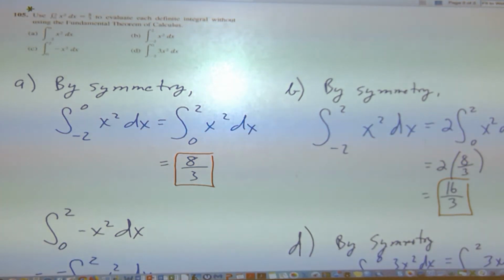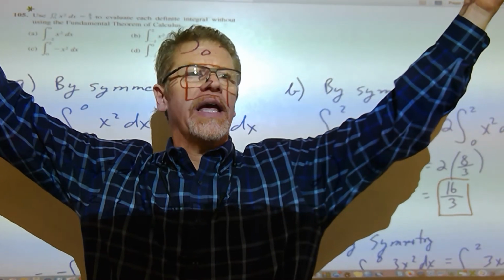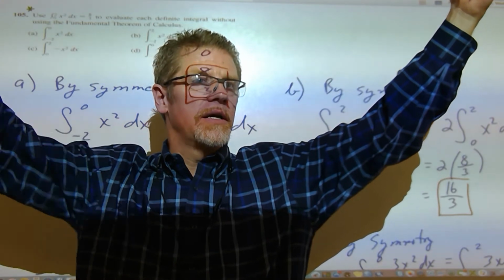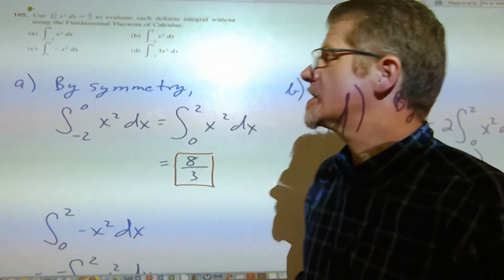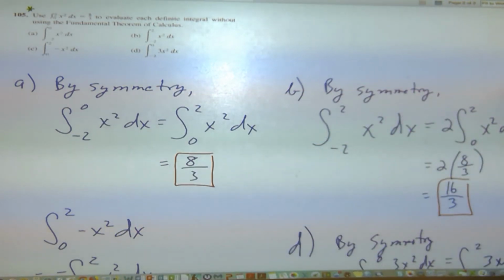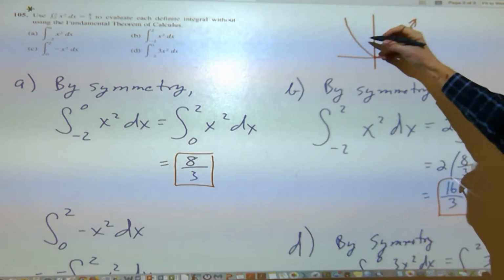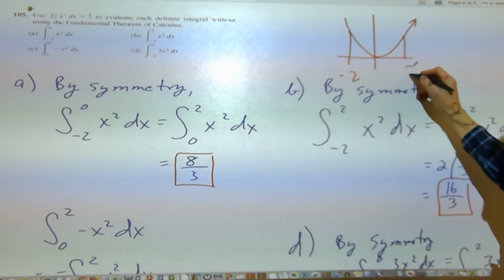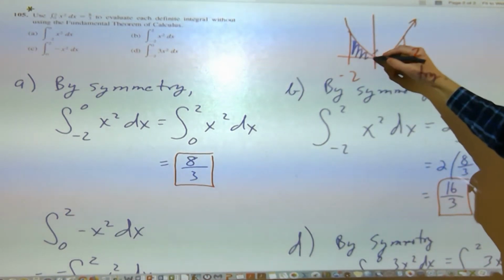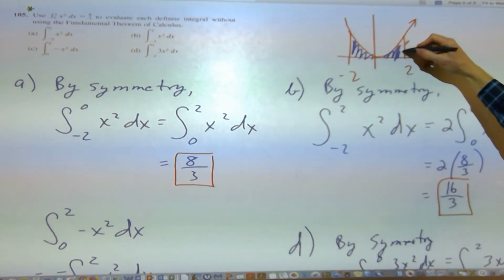Remember back in Algebra 1 when they said things like the parabola y equals x squared has an axis of symmetry? It goes right down the middle. So for y equals x squared from -2 to 0, by symmetry, that area from -2 to 0 would be the same as the area from 0 to 2.